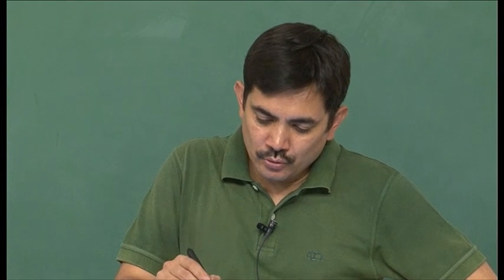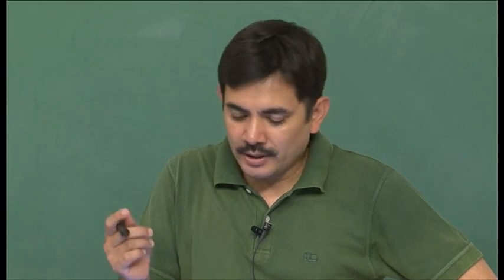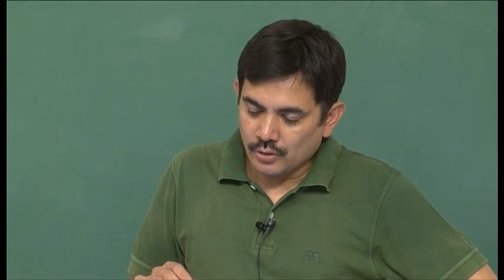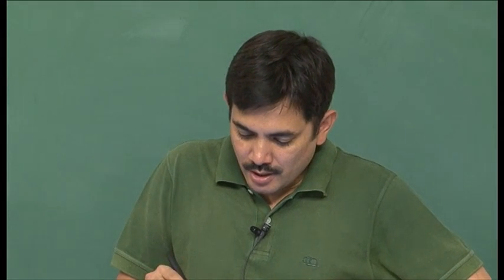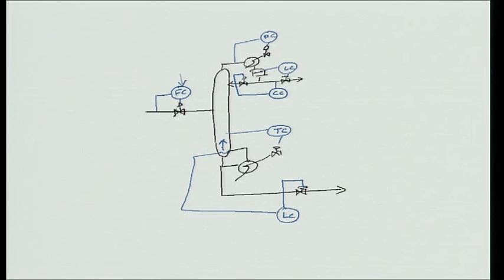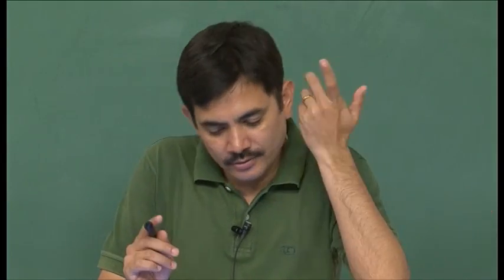Now let us say the idea is to maximize throughput. If I want to maximize throughput, this flow into the column will increase, and as it is increasing, let us say the constraint that goes active is the column starts getting flooded. So if the column is getting flooded, that means that you are putting in too much boil up, there is too much vapor traffic, and because of this vapor traffic the liquid on the trays is not able to fall down, and therefore the liquid starts getting stuck on the trays, and this is called flooding.